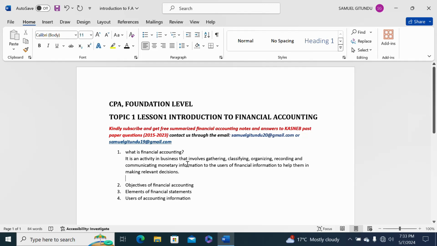In that business, there's an accountant who is gathering information. For example, when a sale occurs, the accountant gathers that information. When a purchase occurs, the accountant gathers that information. When an expense is incurred, the accountant is there to gather that information. Then the accountant classifies that information. If it is a sale, he'll have a book for the sale. If it is a purchase, he'll have a book for purchase.